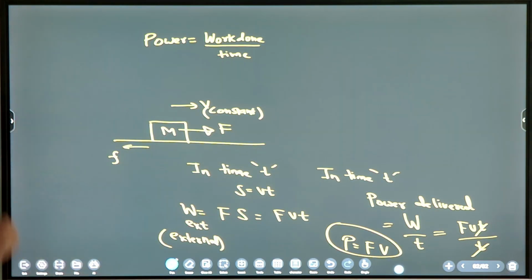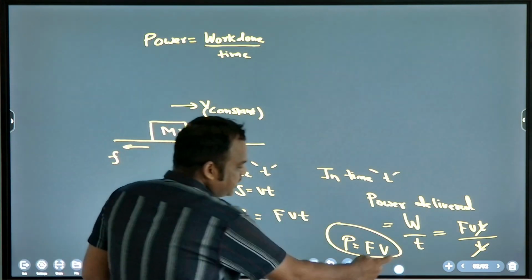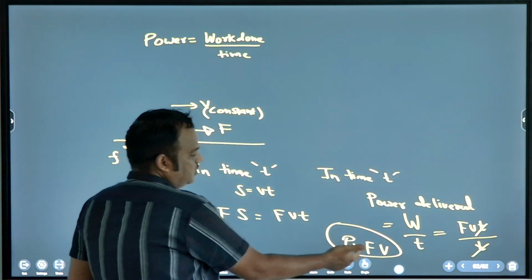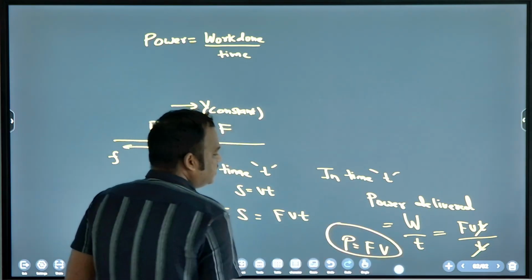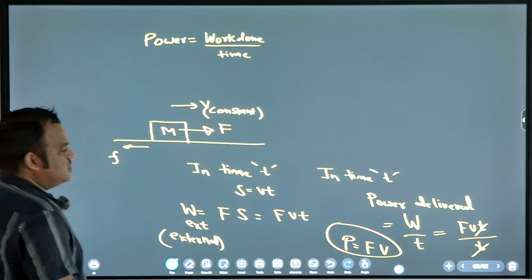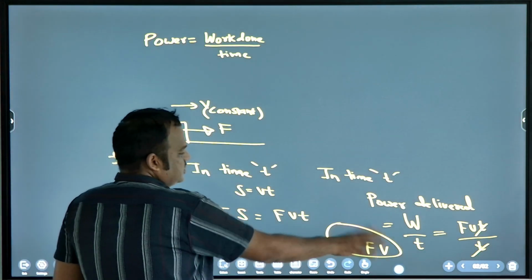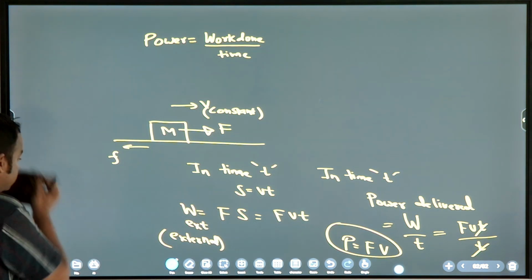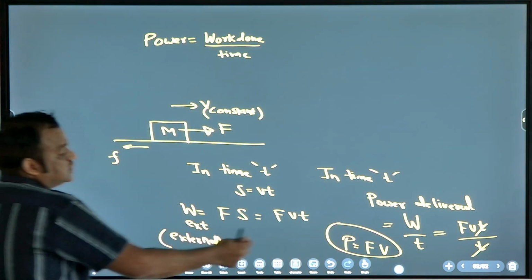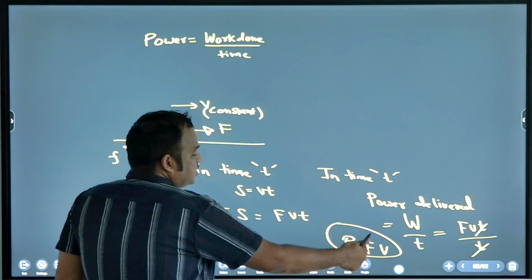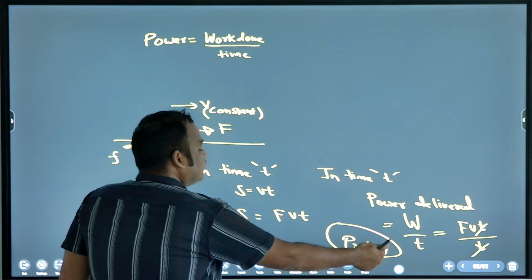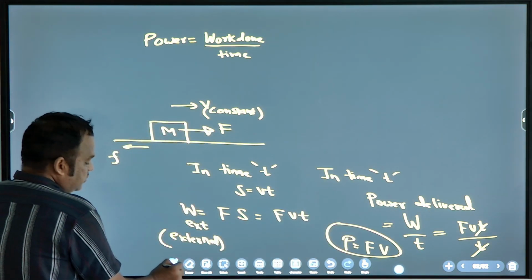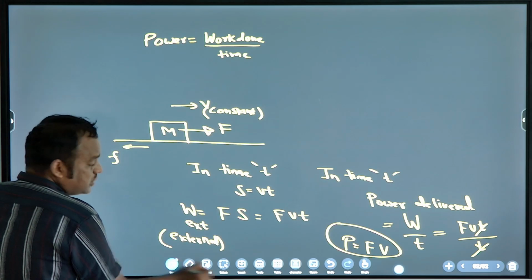Speed is more. More speed means more velocity, and power is also more. Force is also more. Correct or not? So this formula you memorize: power is force into velocity. If you exert greater force, there is more power. If your velocity is more, there is more power. Okay, clear?